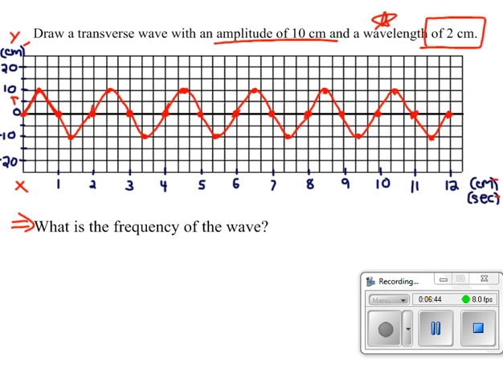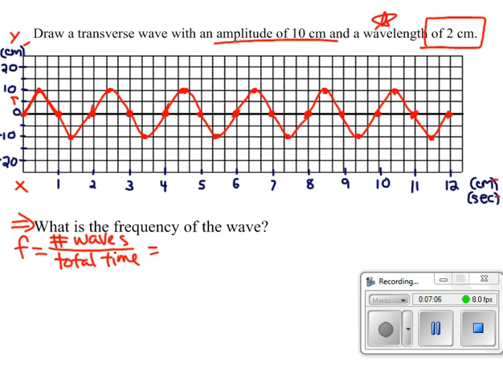All right, the first way, and I think the easiest way after you've drawn all these waves, is frequency equals number of waves over the total time it took for those waves.